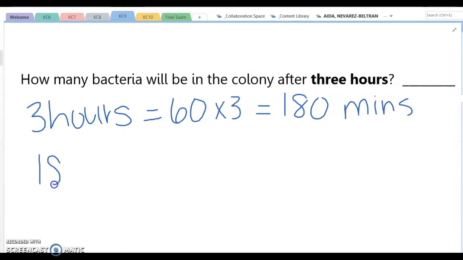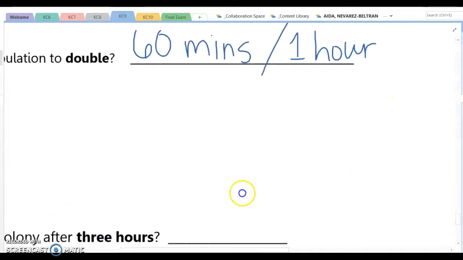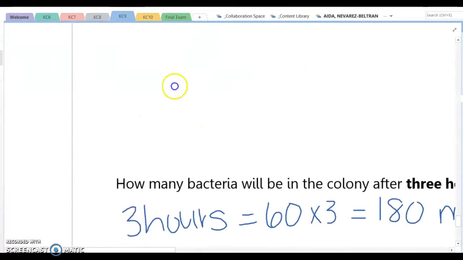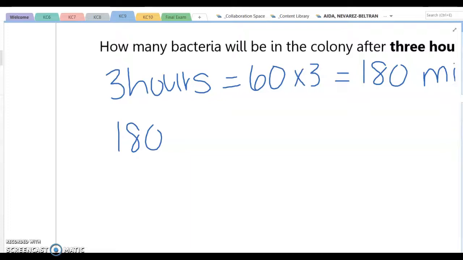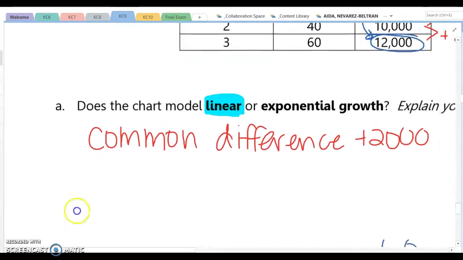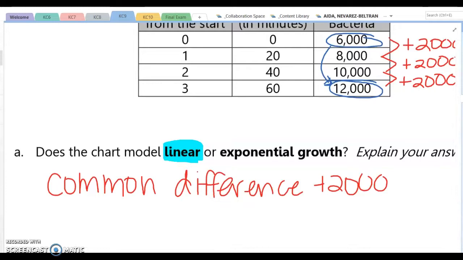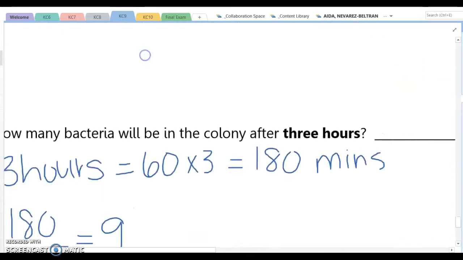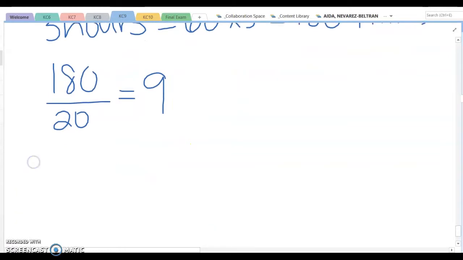Then we take that 180 minutes, and since we're doing intervals of 20 minutes, we divide by 20 to figure out how many 20-minute intervals are in 180 minutes. That is 9. So if we kept going in our table, adding 20 minutes each time all the way down to 180, that would correlate to 9.